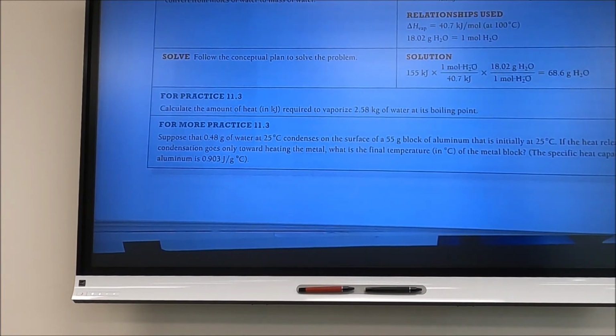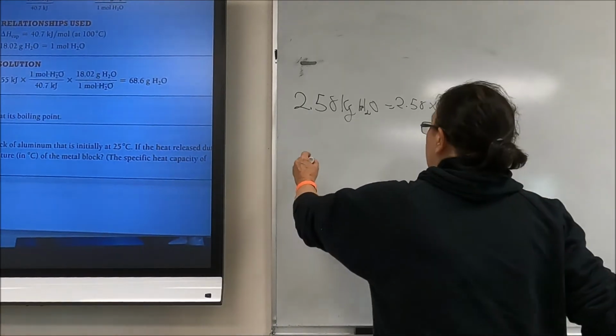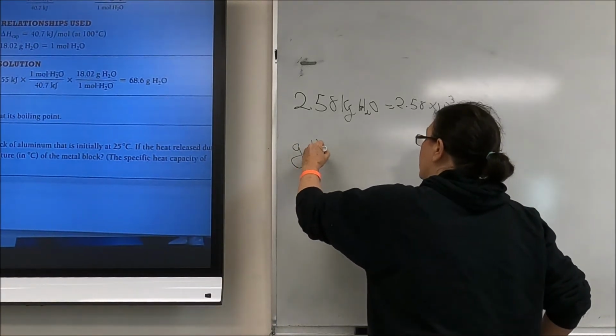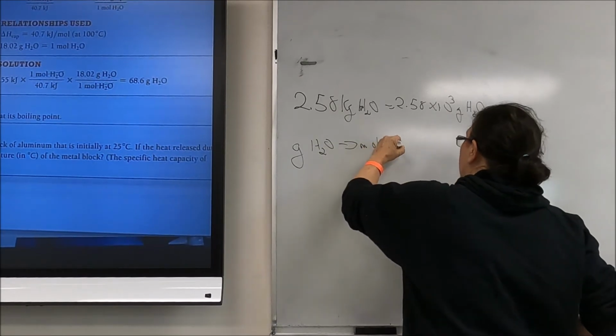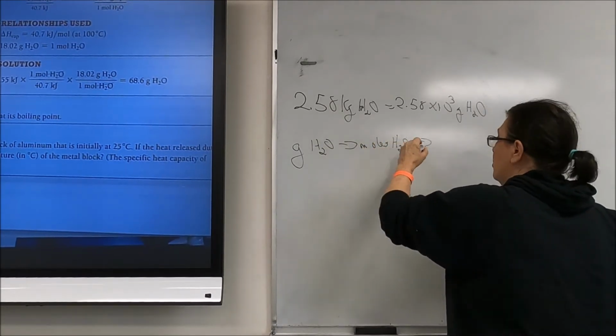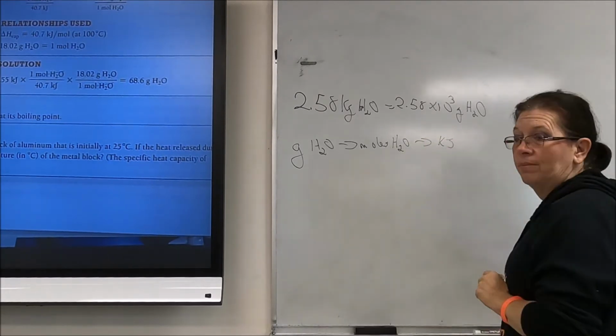Now, if I think about problem solving here, what I'm going to do is go grams of water to moles of water, and then I'm going to use heat of vaporization to go to kilojoules.